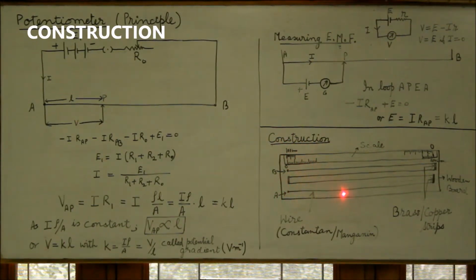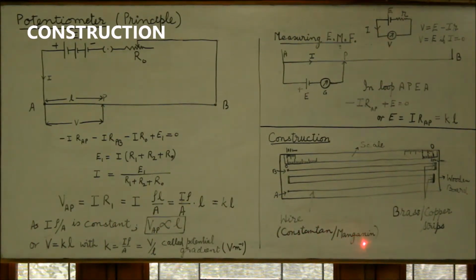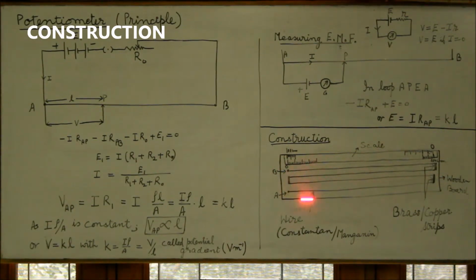We have a long wire made of Constantan or manganese, fixed on this wooden board. Generally the wire is 4 meter long: 1 meter, 2nd meter, 3rd and 4th. This is the 0 centimeter end, and B is the 400 centimeter end of the wire.